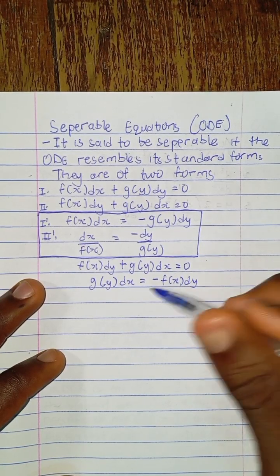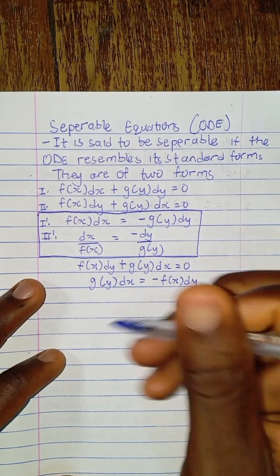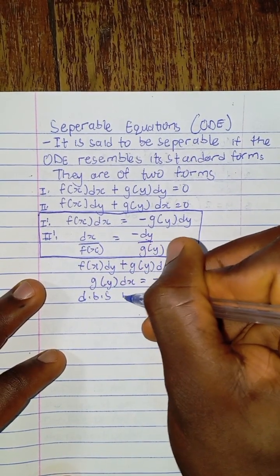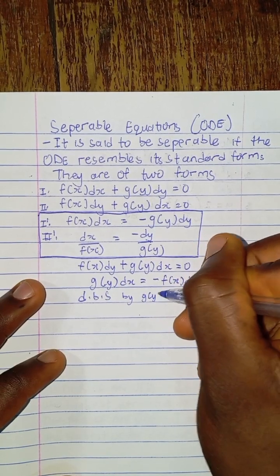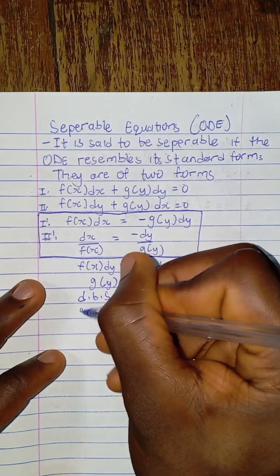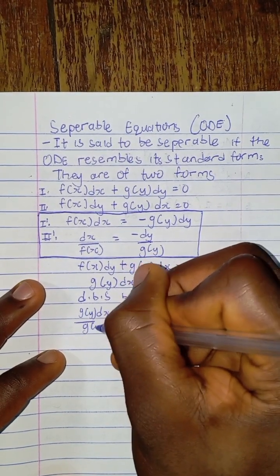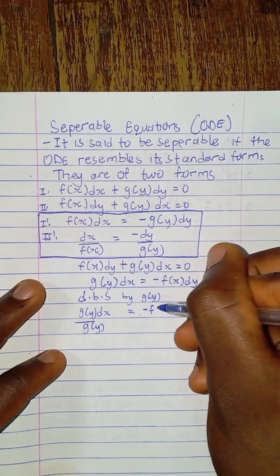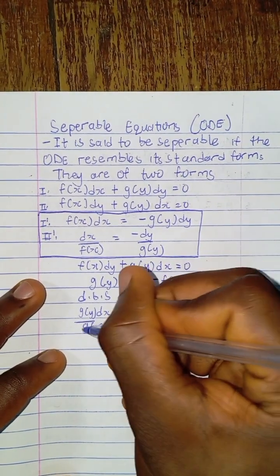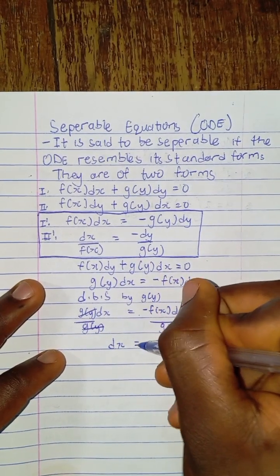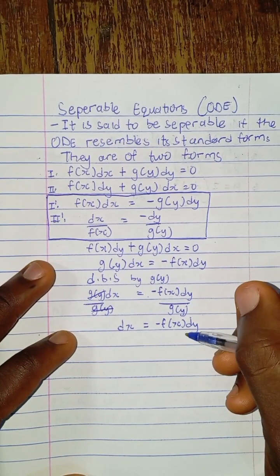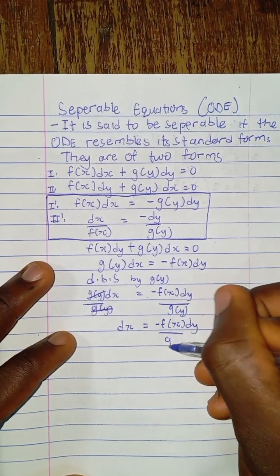So we can decide to divide both sides by g of y. We now have dx, g of y over g of y, is equal to minus f of x dy over g of y. So this cancels, and we have dx is equal to minus f of x dy over g of y.